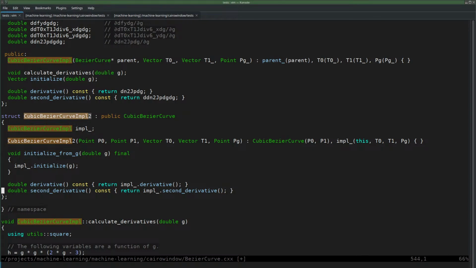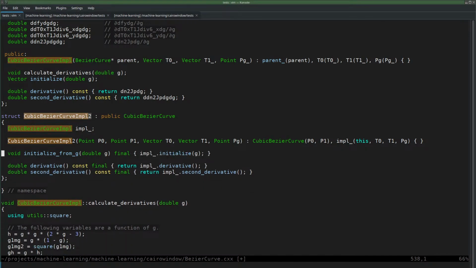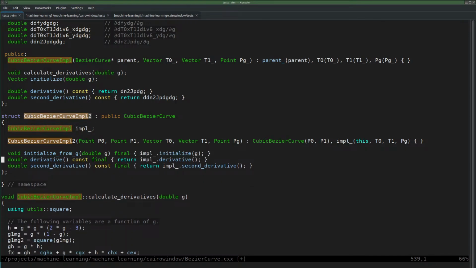Oh, wait a minute, the user only has this, so also this must be a virtual function then. No, yeah, let's make even that one. So they're all virtual functions. So we need these two to be virtual functions of the cubic Bezier class thing.